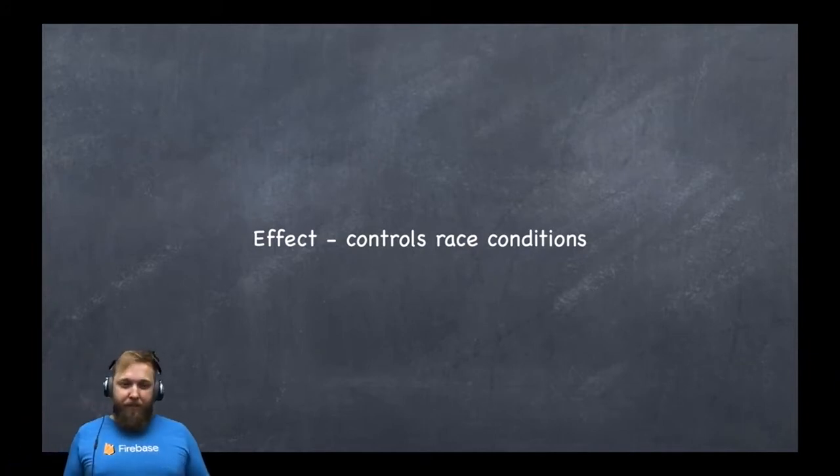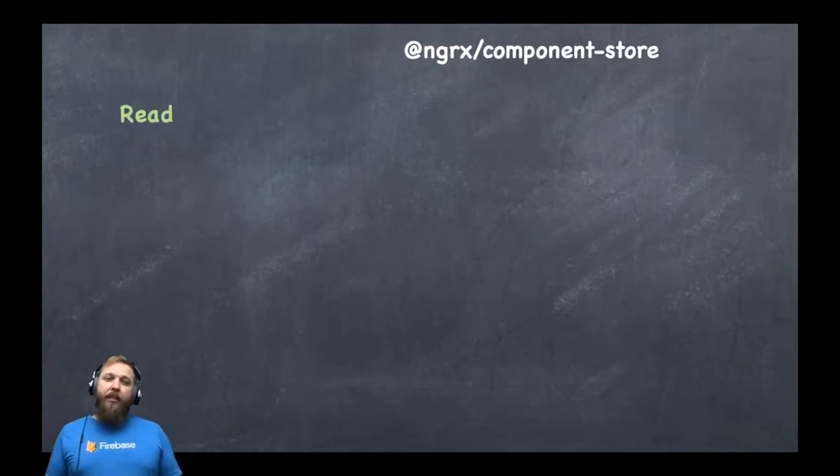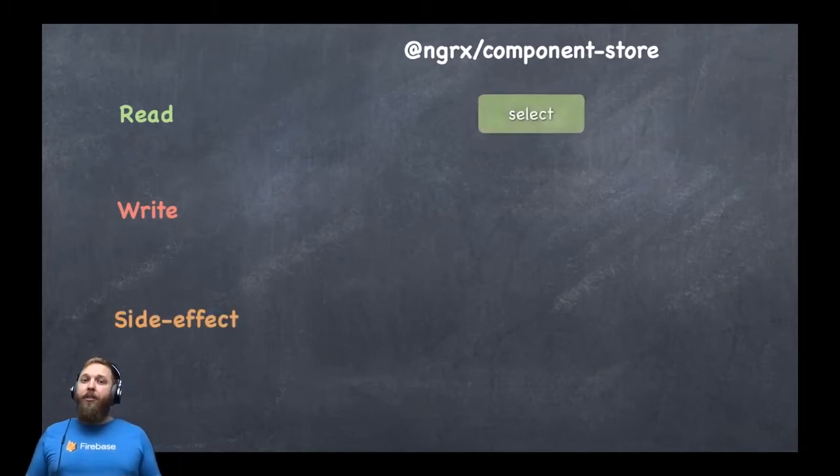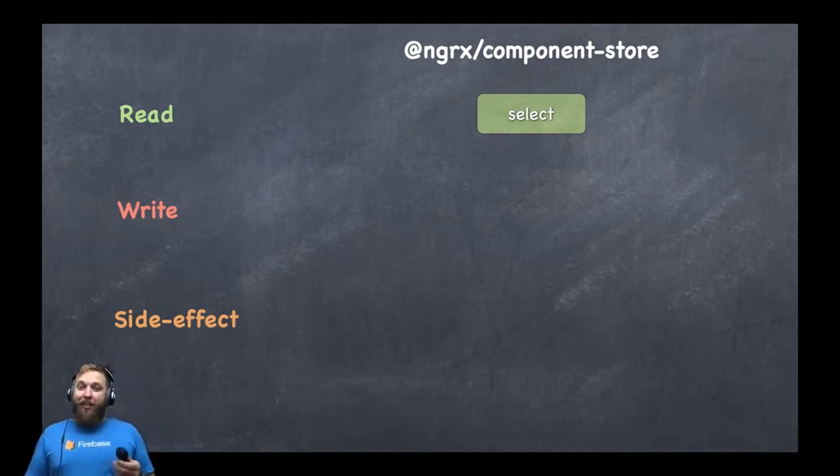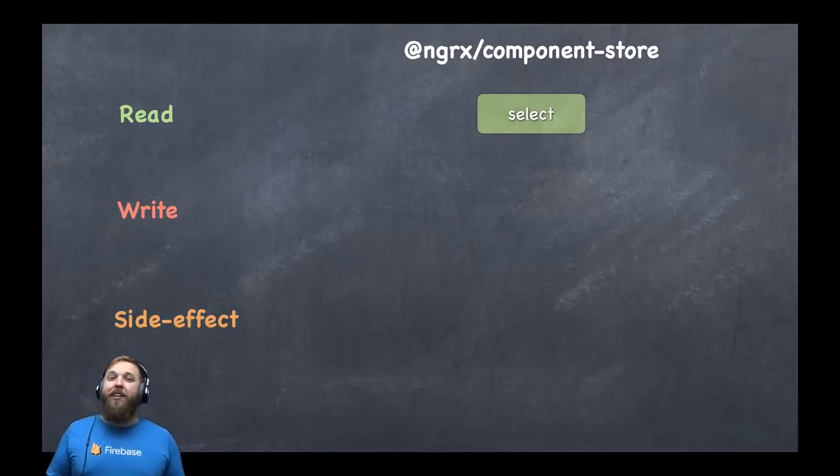Okay, let's see how our newest library, NgRx Component Store, is structured. And by the way, NgRx Component Store is a library of a single file, 300 and change lines of code, and there's another custom operator beside it.